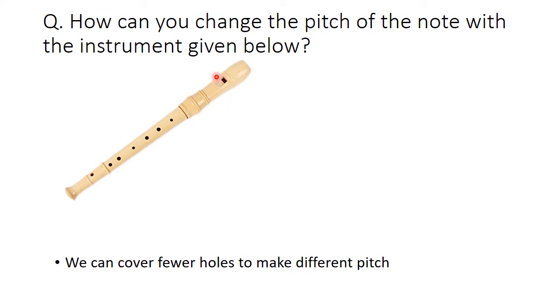When you are blowing, we can cover fewer holes to make different pitch. Only if you are covering fewer holes, you will get a high pitch. If you are covering most of the holes, what will happen? You will get a low pitch sound.